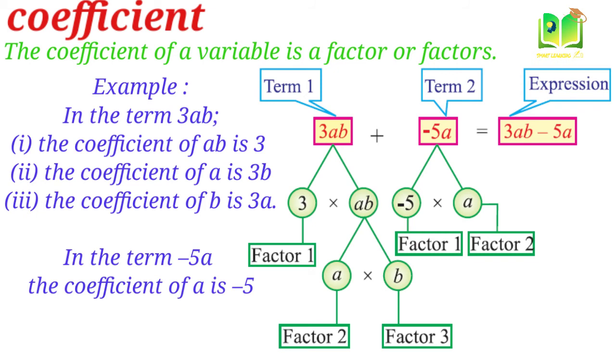In the term 5a or minus 5a, you can see here the coefficient of a is minus 5. So ultimately what we can see, the coefficient is actually the factor or factors of the variable. Okay, I think all of you can understand.